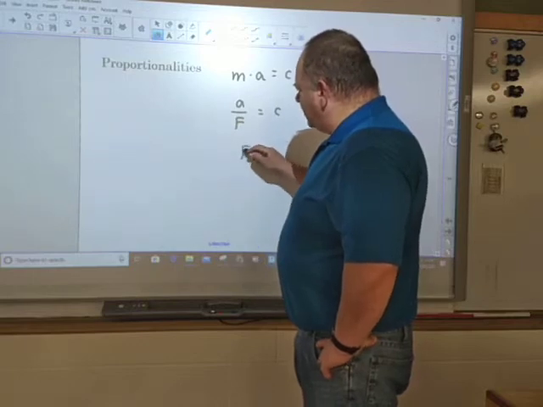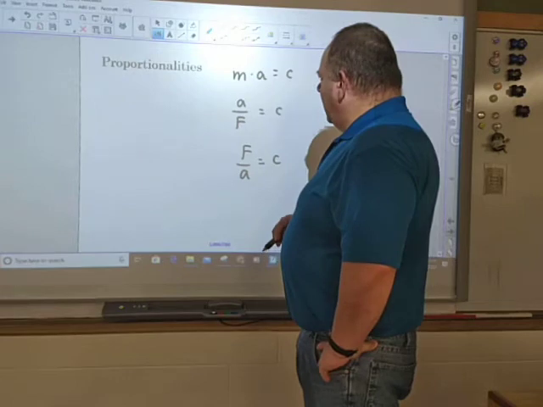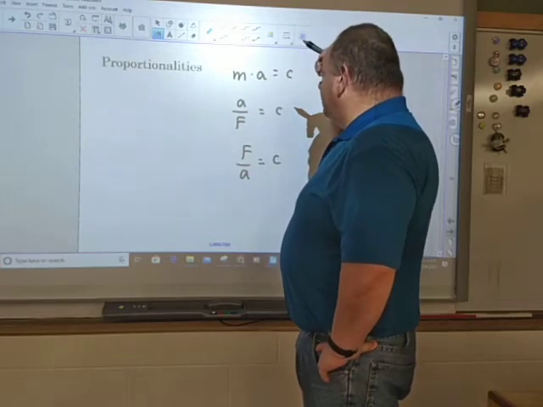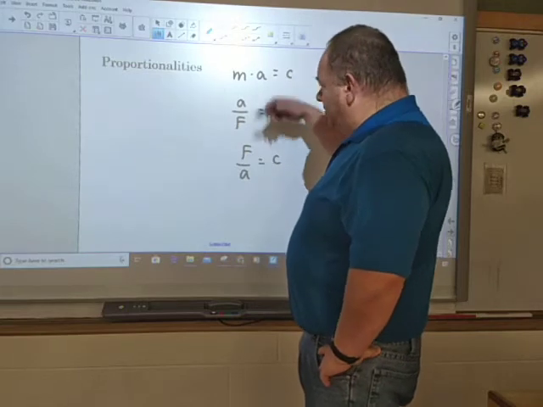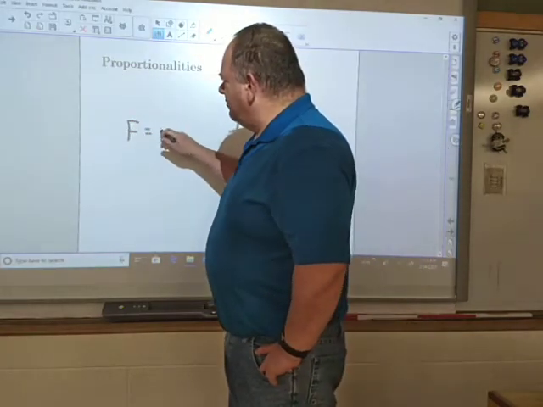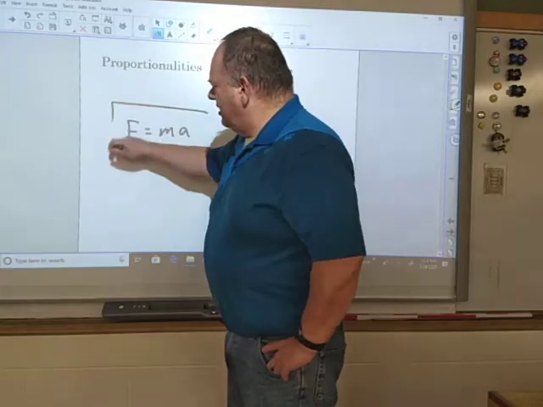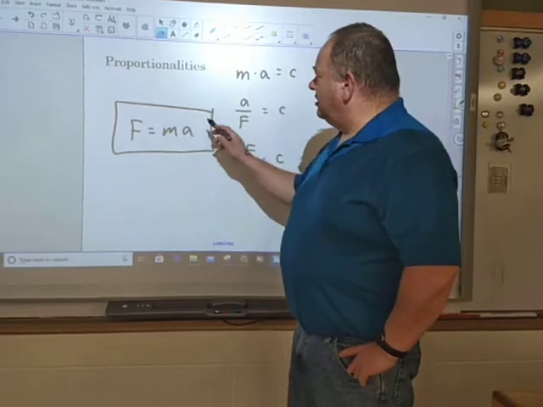So therefore I can say force over acceleration is a constant. And when you combine it all together, we're all talking about the same issue. We end up with F equals ma. That is our relationship for Newton's second law.